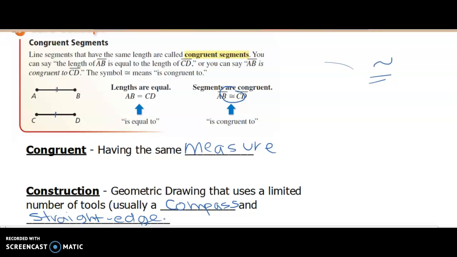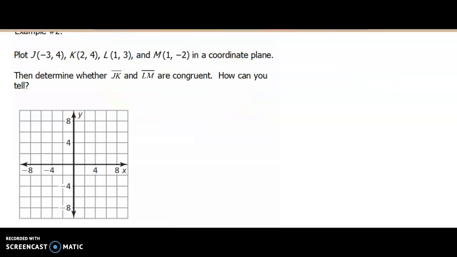A compass is what most people refer to as the tool that makes the circles, and then a straight edge is literally anything with a straight edge. So oftentimes I'll use a ruler, or I'll use a protractor. Anything that has a straight edge that can help me make a straight line is considered a straight edge.